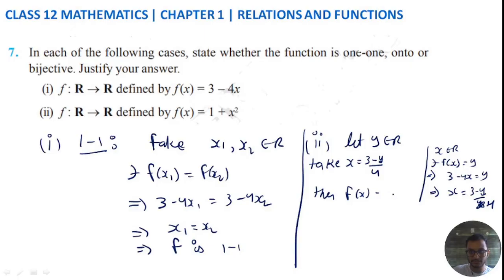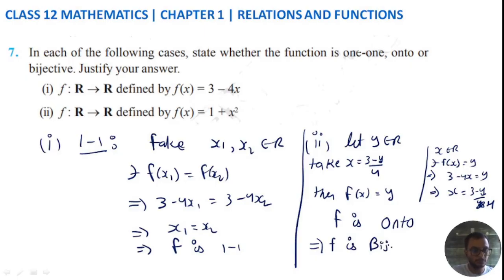You will get it as y, because if you do 3 minus 4 into this quantity, you will get y. So the function is onto. So we are done, right? We had shown it is 1-1 and onto, so as it is both 1-1 and onto, f is bijective.